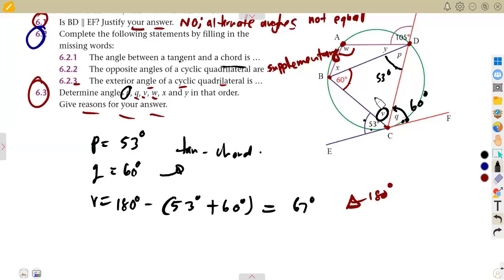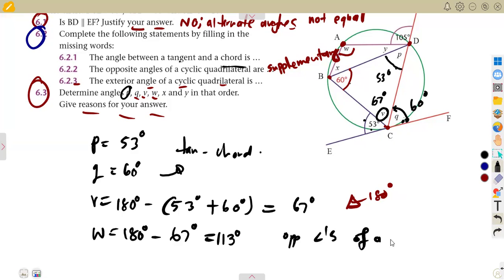So if this is 67 degrees, our angle W is going to be 180 minus 67 degrees, and this gives 113 degrees.